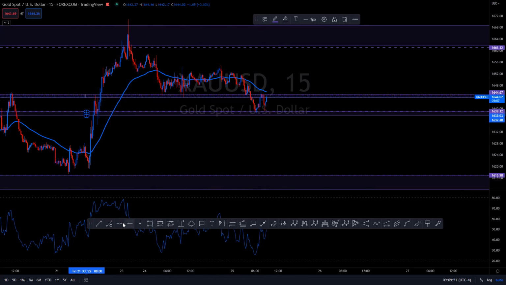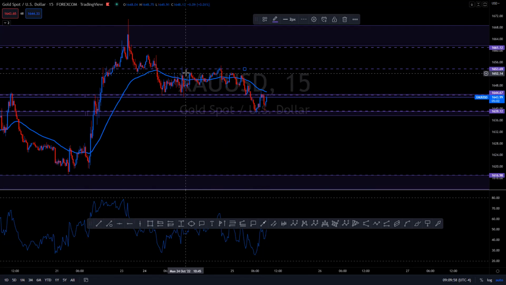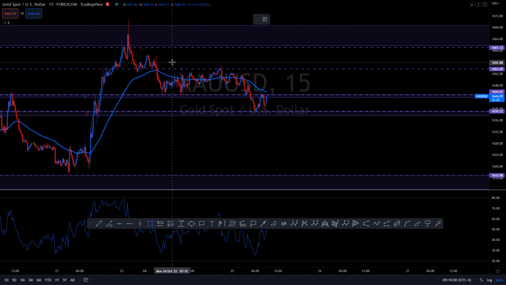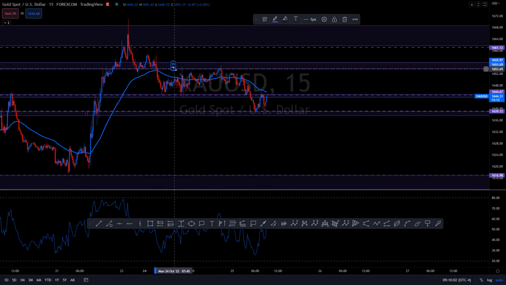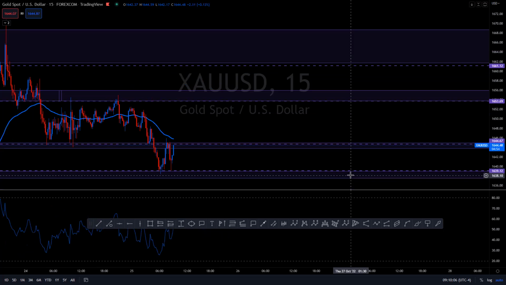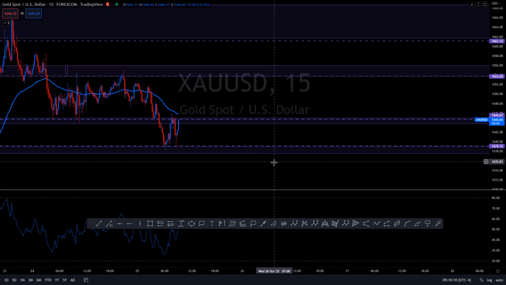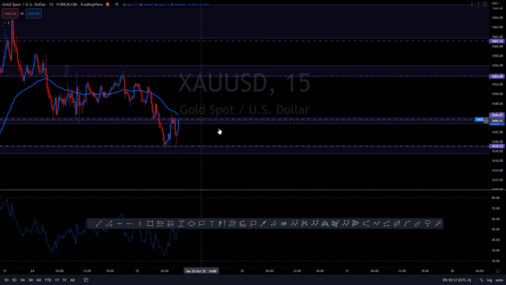And then you see that there is a base supply zone in this area too. So it looks like price is buying up.